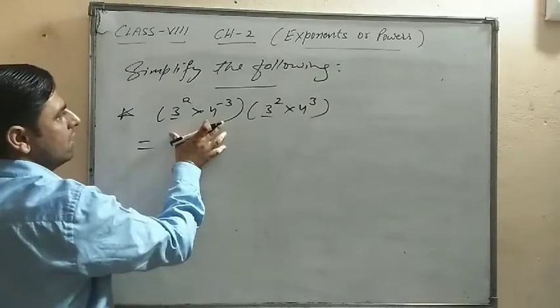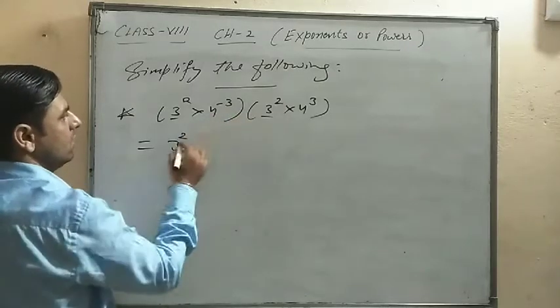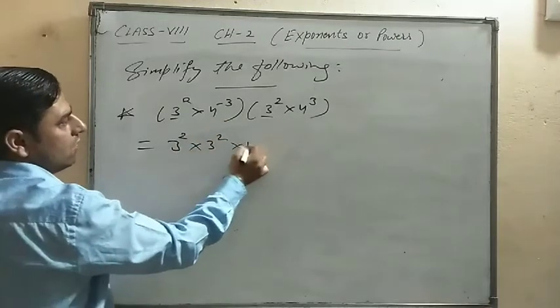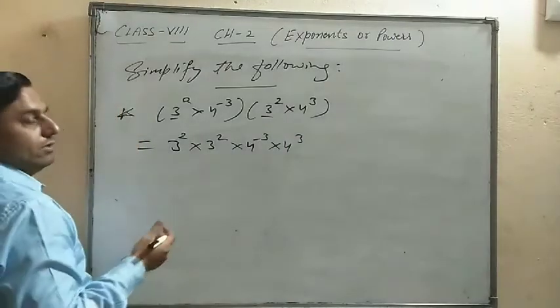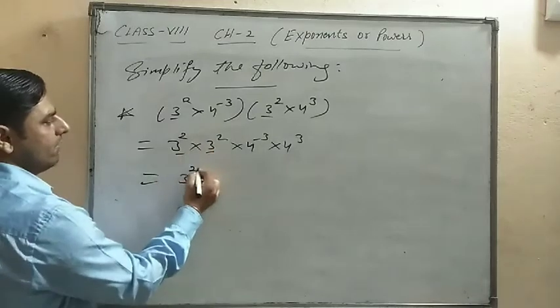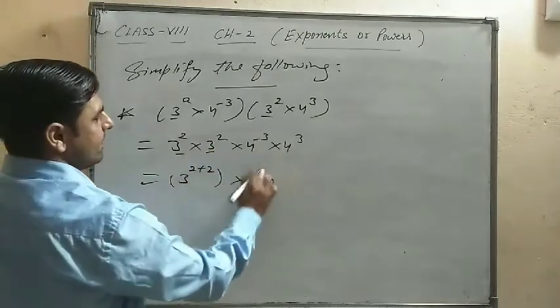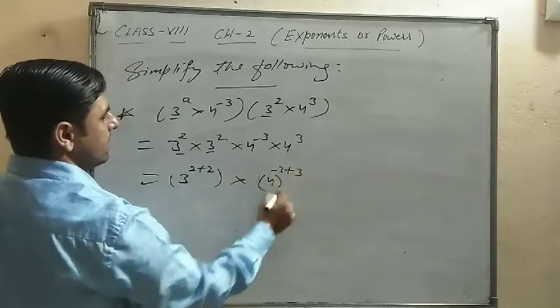Firstly we will open these brackets. So we will multiply all the factors: 3 raised to power 2 into 3 raised to power 2, 4 raised to power minus 3 into 4 raised to power 3. Now we will use the identity. Here the bases are the same, so powers will be added. Next one, the bases are the same, then powers will be added. So minus 3 plus 3.